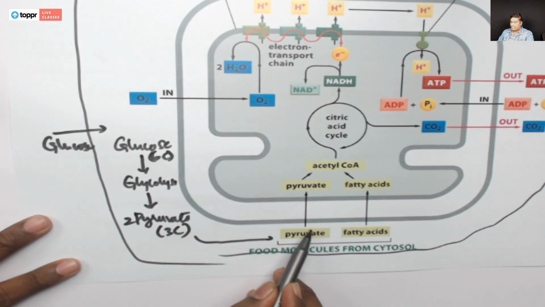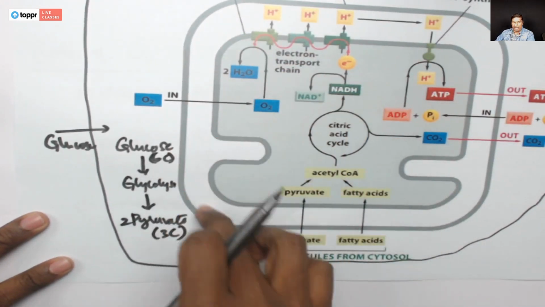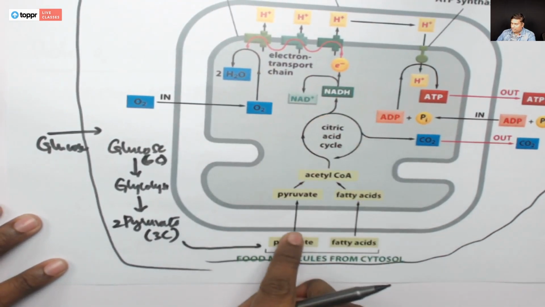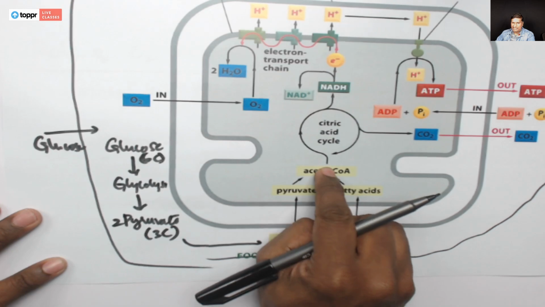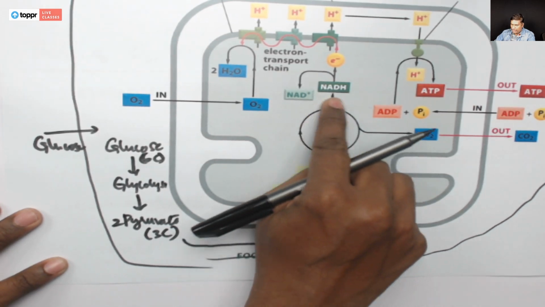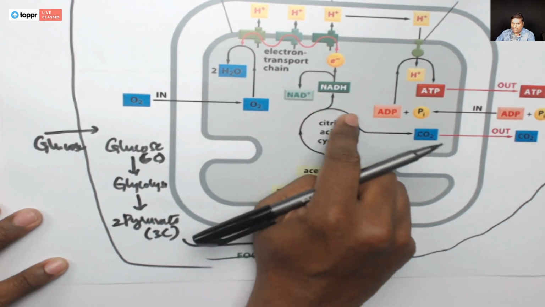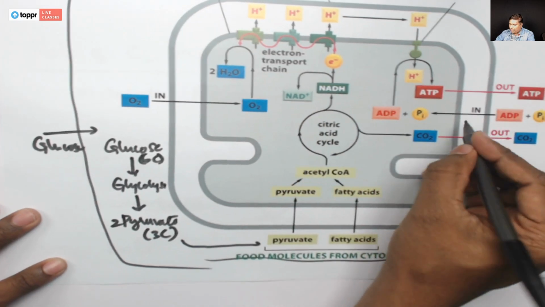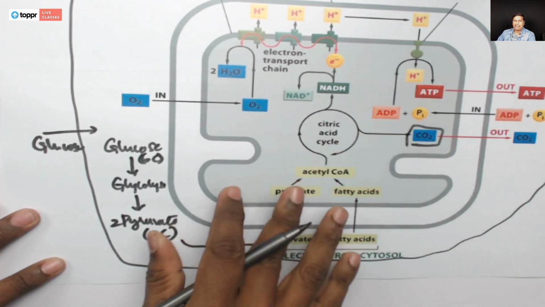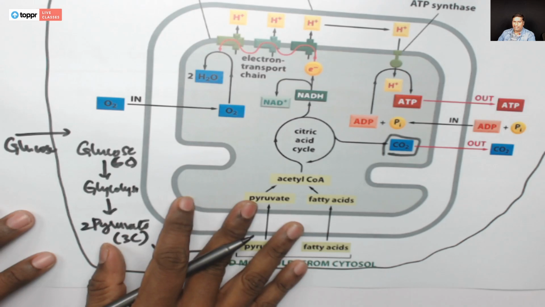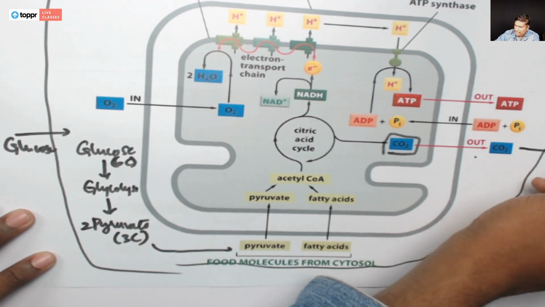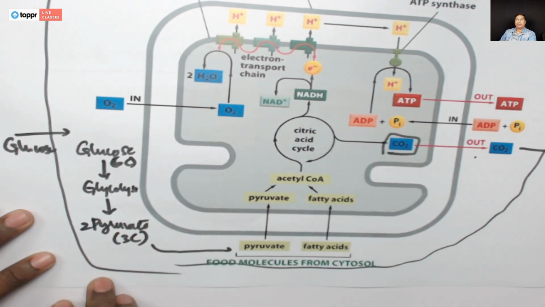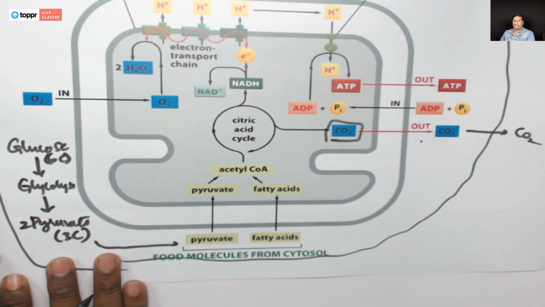This pyruvate is transported to the mitochondria, and inside the mitochondria the pyruvate is converted into acetyl-CoA. It goes through the citric acid cycle, or the TCA cycle, or the Krebs cycle, whatever you may call it, and in the process carbon dioxide is released. The carbon dioxide which is released will simply get out of the cell, like I said, by simple diffusion.